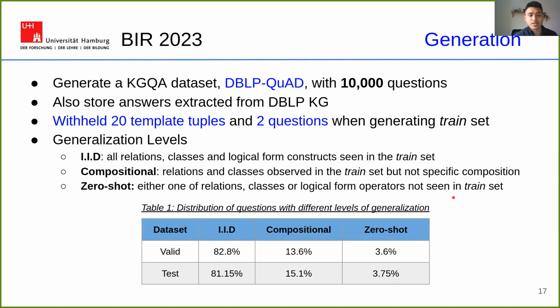Similarly, in zero-shot, either one of relations, classes, or logical form are seen in the test and valid set that are seen in the train set, but not the entire SPARQL template is seen. So with these three levels of generalization, we have the distribution of data shown here, with the majority being i.i.d. level generalization, and there are also compositional and zero-shot varieties.